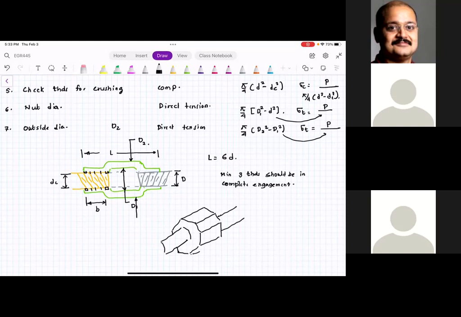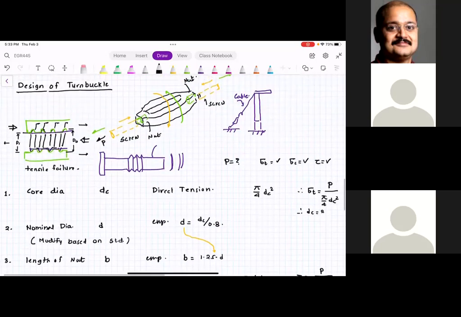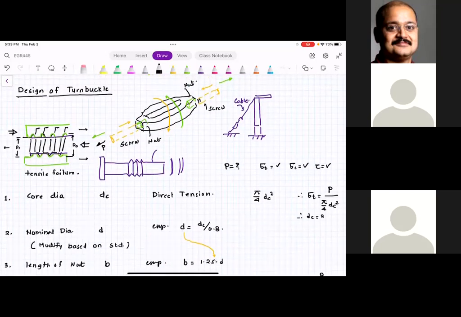This is the design, a slight variation in the design. The principle is the same. The only thing is, if you want to design this type of turnbuckle, you would consider this cross section and see the failure in tension, and then you will decide what would be the dimension of the center cross section. But there are variations.